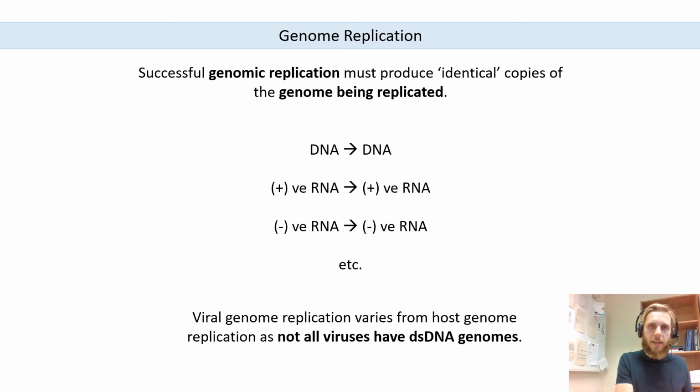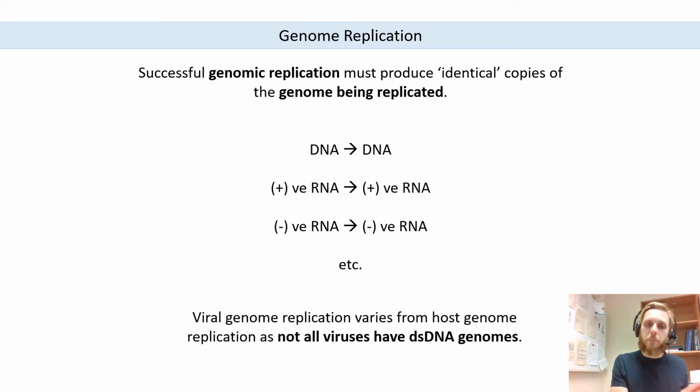So if you have a DNA genome, genome replication must produce a DNA copy of that genome. If we have an RNA genome, and again, obviously, human cells would never have an RNA genome, but I'm thinking about viruses now, then genome replication must produce an RNA copy of that genome.